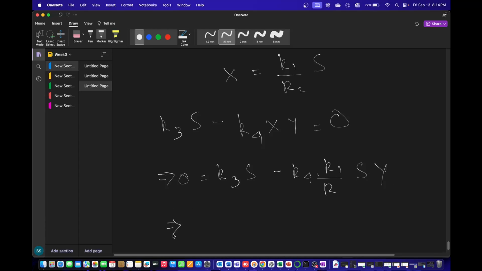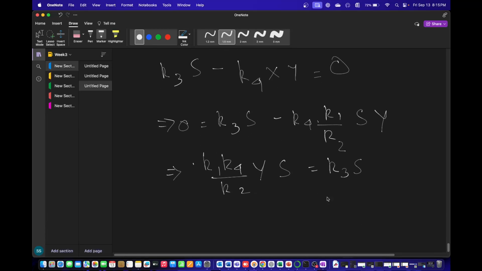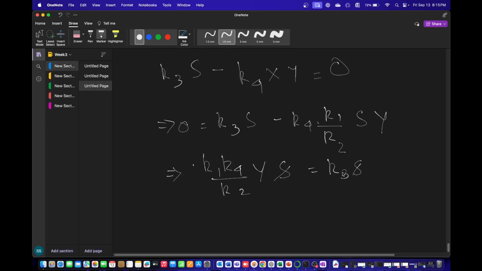So k1k4 by k2 into y into s equal to k3s. Now s is non-zero, so this gets cancelled out. So basically the steady state value of y does not depend on s, the input signal.